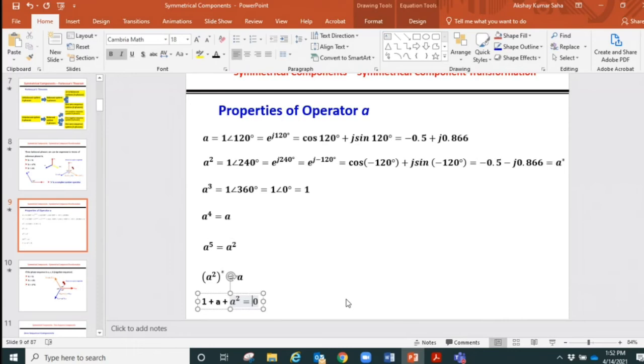It will be equal to 0, because a is minus 0.5 plus j 0.866, and a squared is the conjugate, so the j terms cancel each other. Minus 0.5 and minus 0.5 give you minus 1, and then if you add the 1 you get 0. So these are the fundamental properties of this complex number operator a that we use for our power systems analysis in conjunction with Fortescue's theorem.